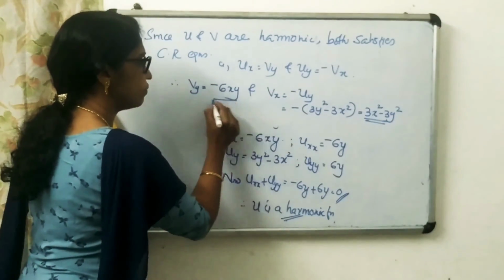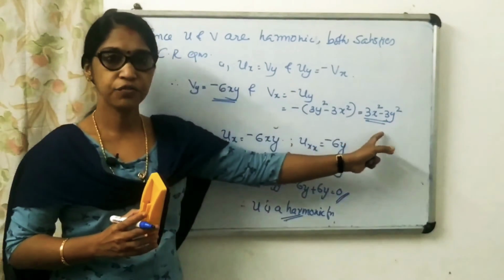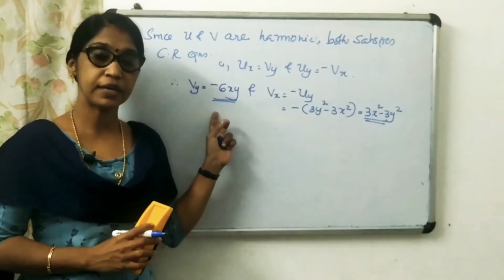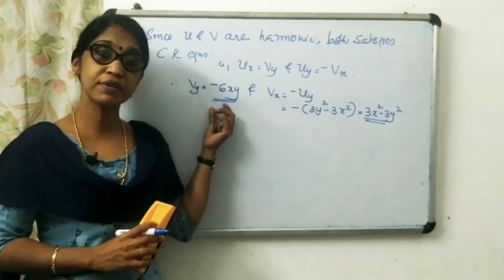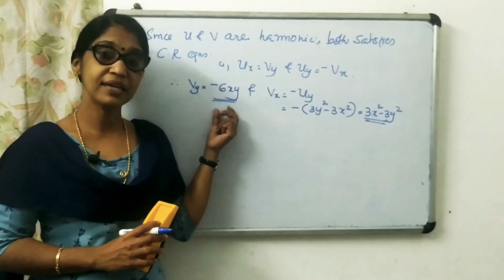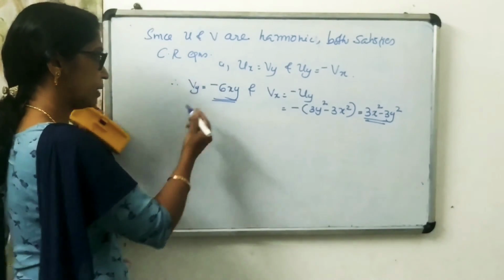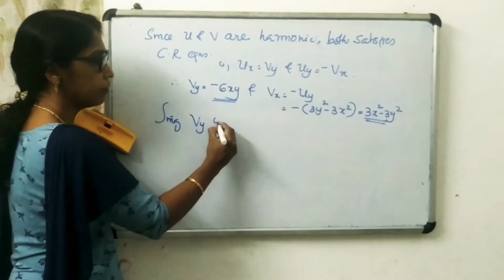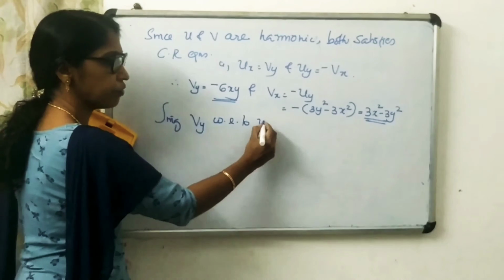So this is vy and this is vx. Now from vy I am going to find v. How do we find v from vy? Yes, by integrating with respect to y.